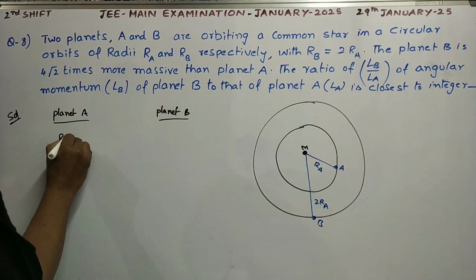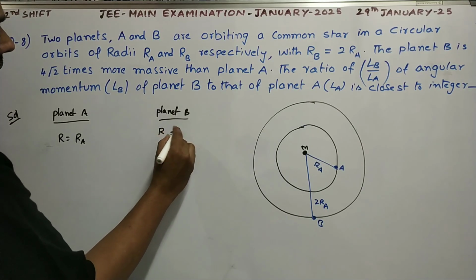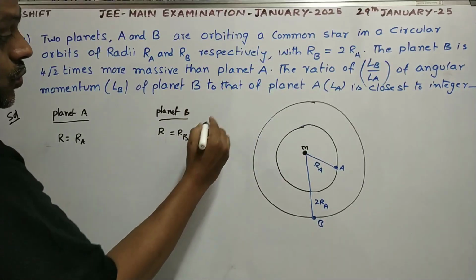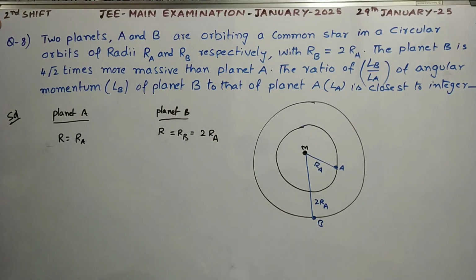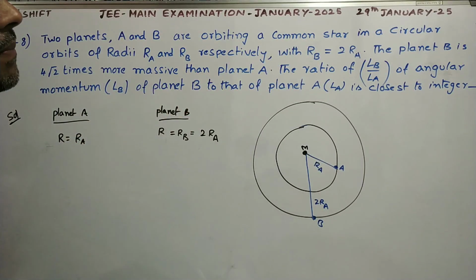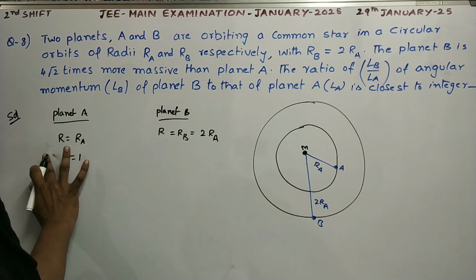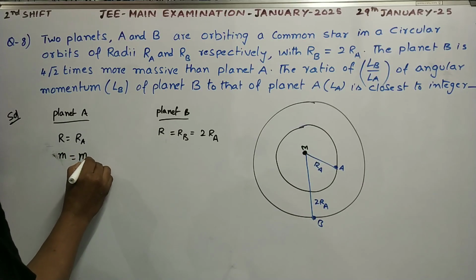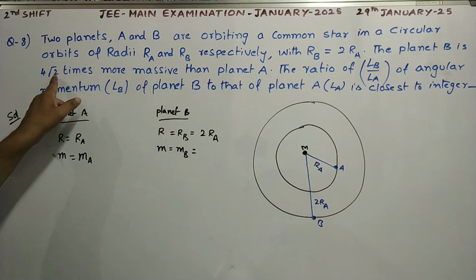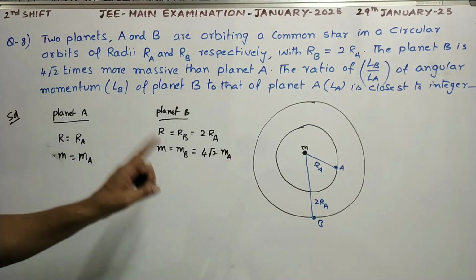So the radius of planet A is RA, the radius of planet B is RB, and RB is 2 times the radius of planet A. Moreover, planet B is 4 root 2 times more massive than planet A. So the mass of planet A is small m, equal to MA, but the mass of planet B is 4 root 2 times the mass of planet A.